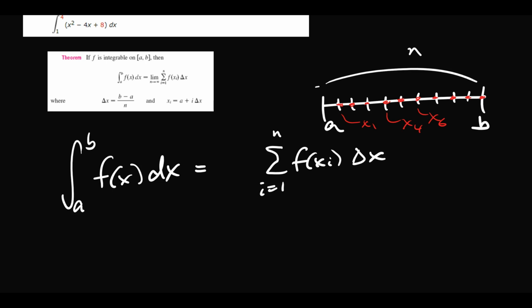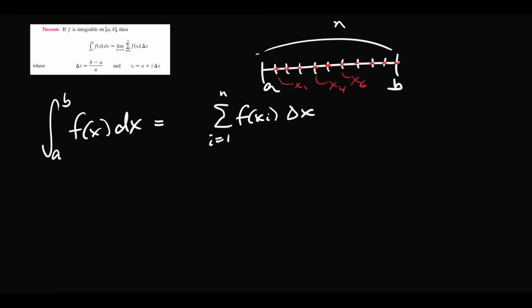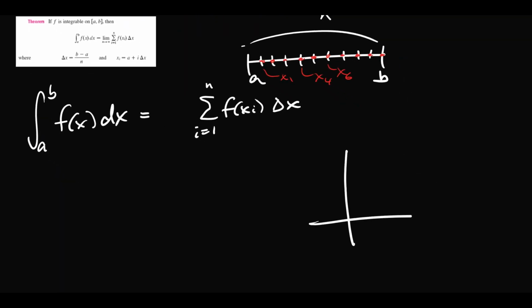And then you allow the number of subintervals to go to infinity, because you have some function right here, and you have all your little rectangles underneath, right? But there's a bunch of gaps in here.